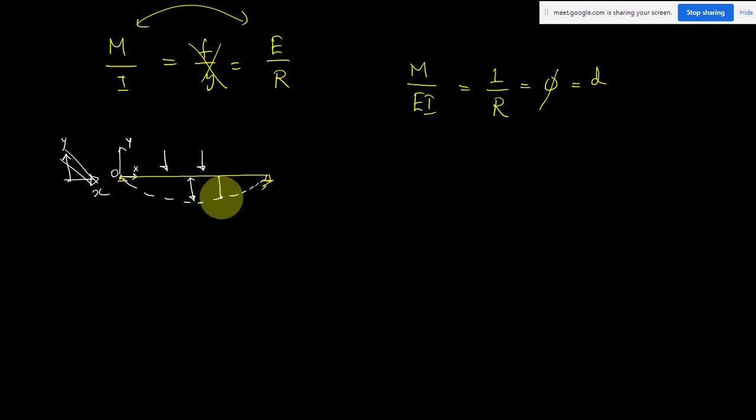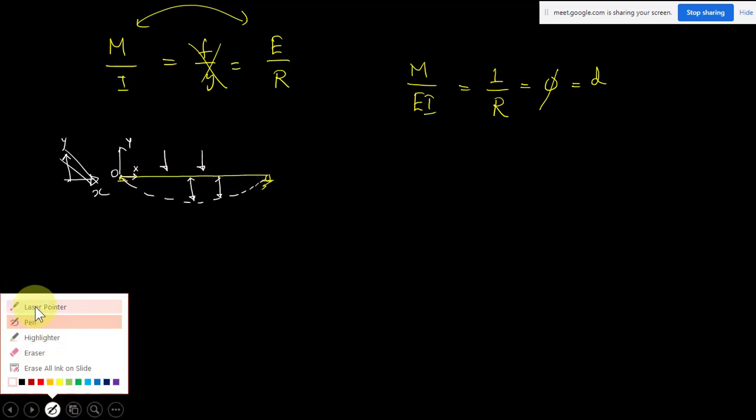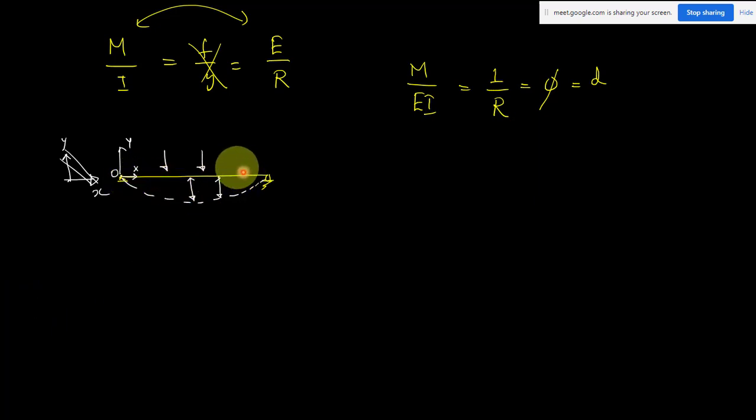Initially your beam is here, the yellow color. Once you apply some vertical load, what will happen? It is going to bend like this. The deflected shape or the elastic curve is shown here by a dotted line, white color.